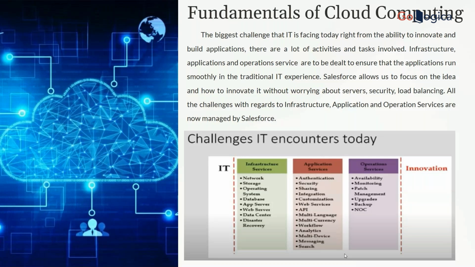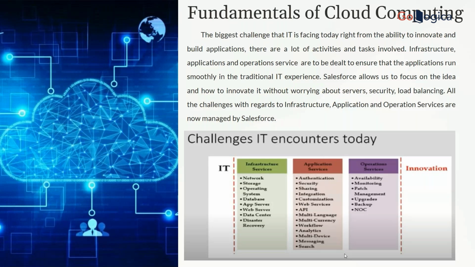It is the same on the application side and operations services. Even if we are creating any application or web based solutions, we only need Salesforce to take care of the entire infrastructure. There are three services basically: infrastructure as a service, platform as a service, and then software as a service.